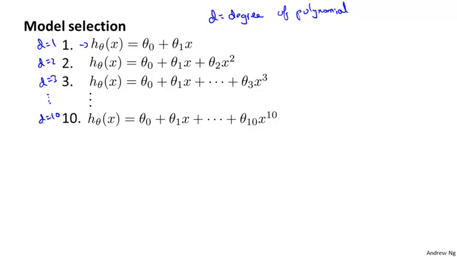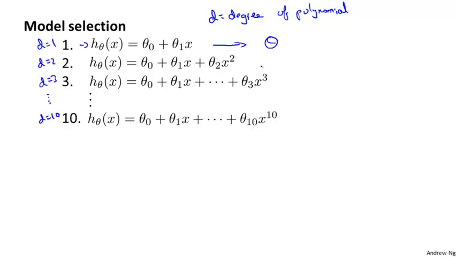And concretely, let's say that you want to choose a model, that is, choose a degree of polynomial, choose one of these 10 models, and fit that model and also get some estimate of how well your fitted hypothesis will generalize to new examples. Here's one thing you could do. You could first take your first model and minimize the training error, and this would give you some parameter vector theta.